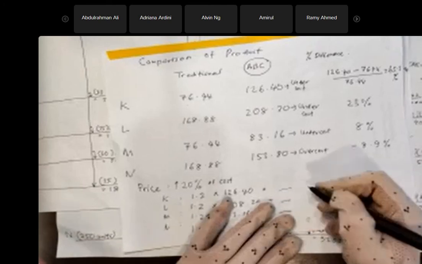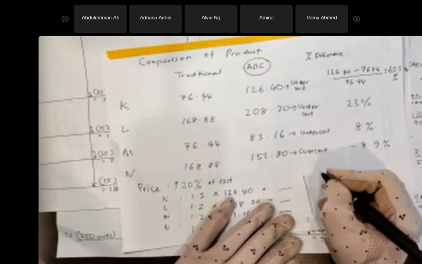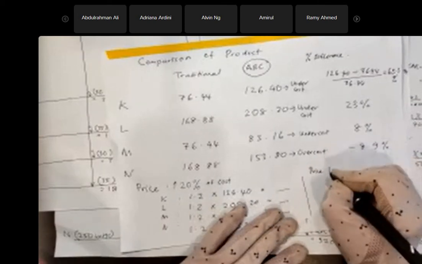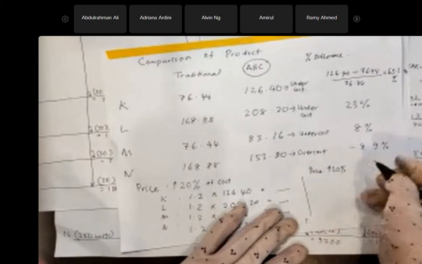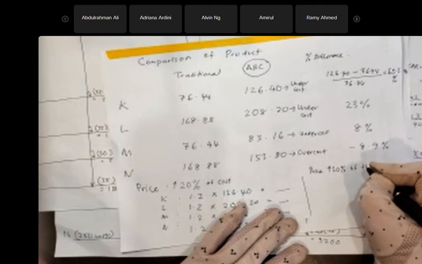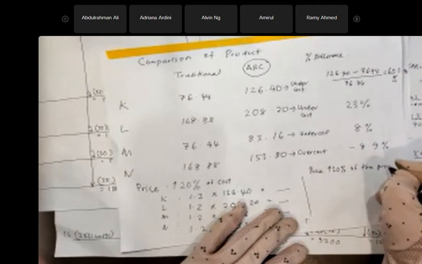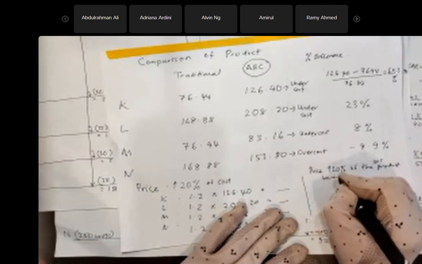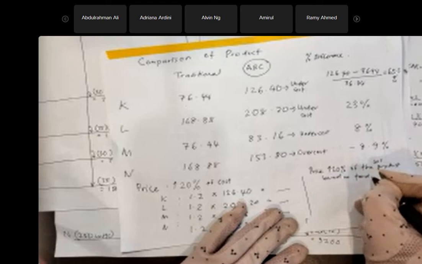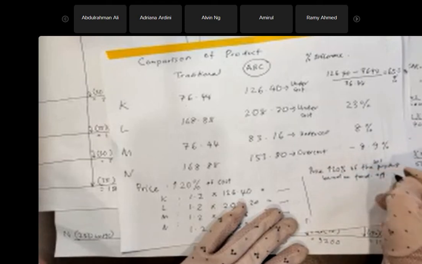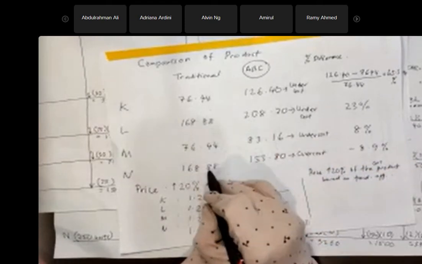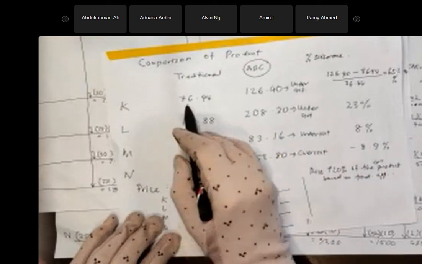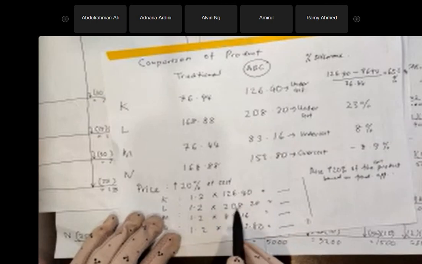If the question says the price is 20% more than the cost of the product based on the traditional approach, then you take those answers, so 1.2 multiplied by 76 and by 168.